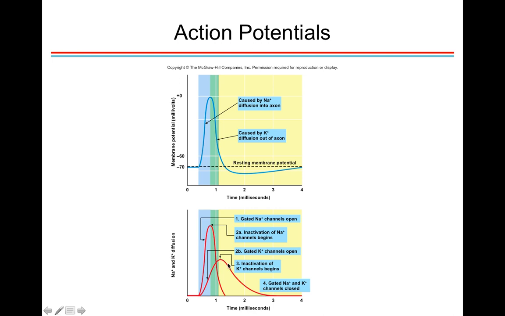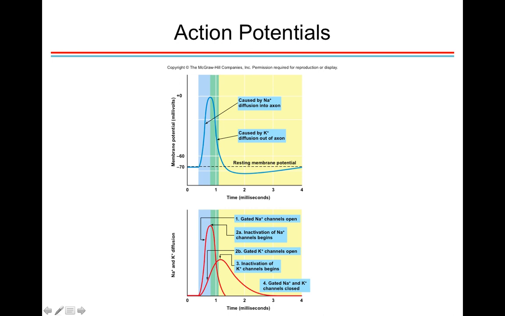They close, and then the diffusion of potassium is reduced, because those potassium ions have moved out. And then we see at the end, both the sodium and potassium channels are closed.